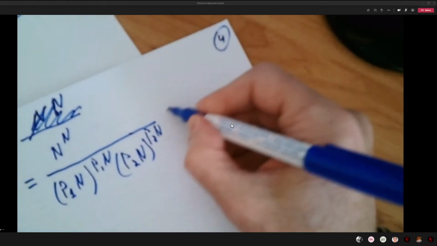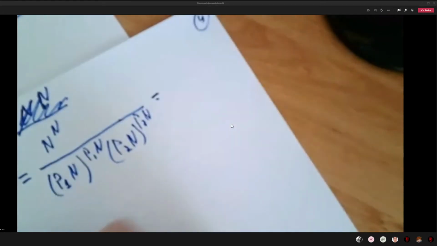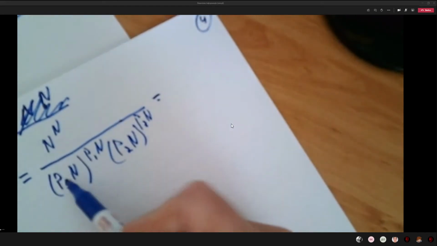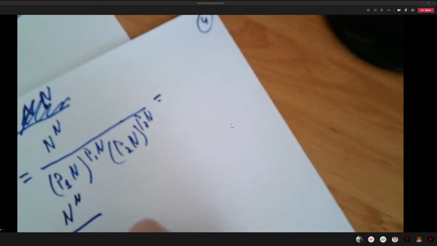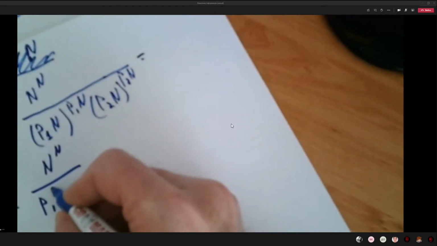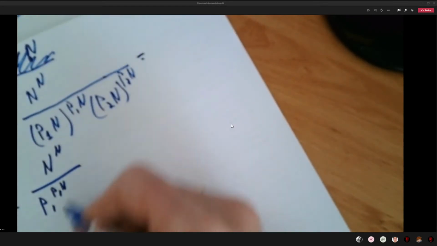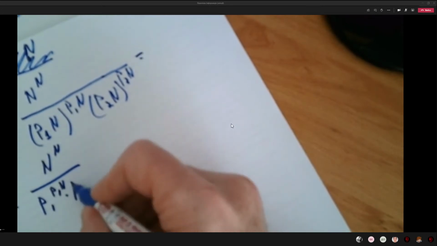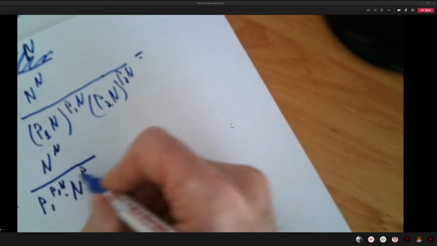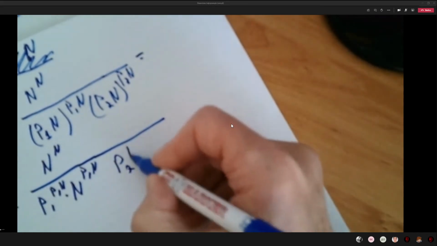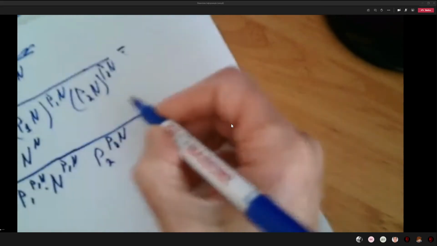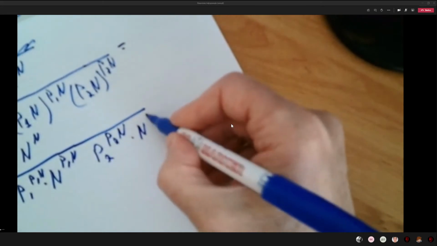So we get the following. Here we have n in power n, here p1 in power p1 n multiplied by n in power p1 n, and here p2 in power p2 n, and n in power p2 n. We can combine these two multipliers.